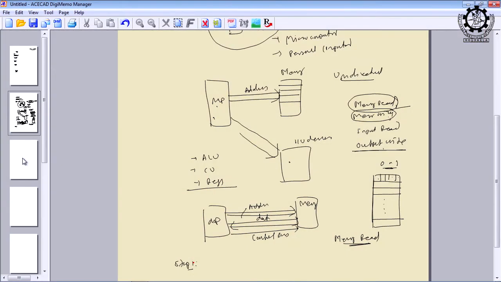Suppose at time t1 this operation took place, right? At time t2, the microprocessor sends the memory read control signal. As I told you, there are 4 control signals. The memory read control signal goes to the memory for activating that location, or preparing that location for the read operation.